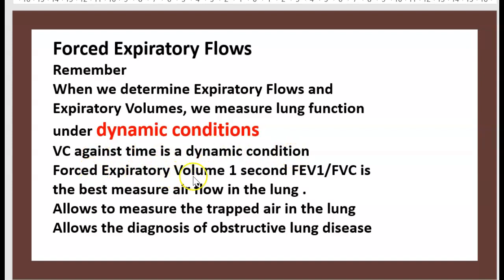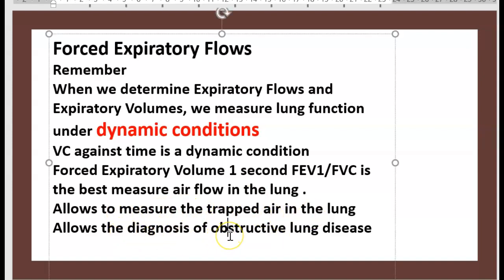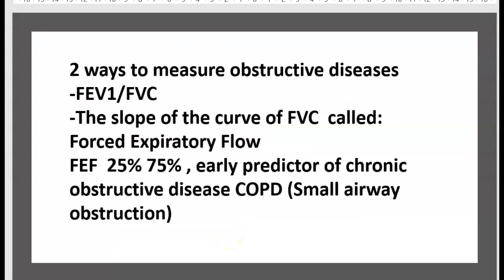Forced expiratory volume in 1 second, FEV1 over FVC, is the best measure of airflow in the lung. It allows us to measure the trapped air in the lung and to diagnose obstructive lung disease.